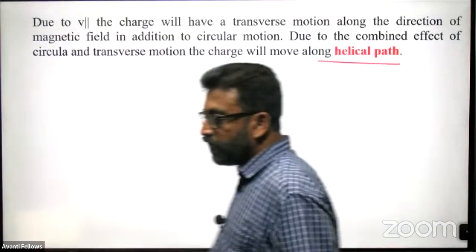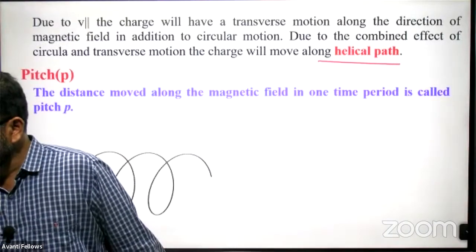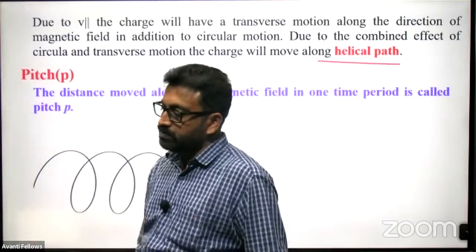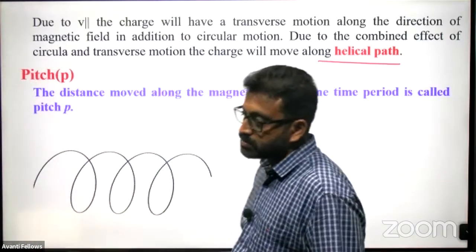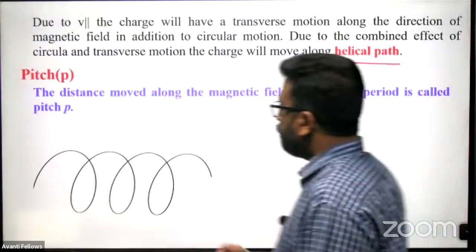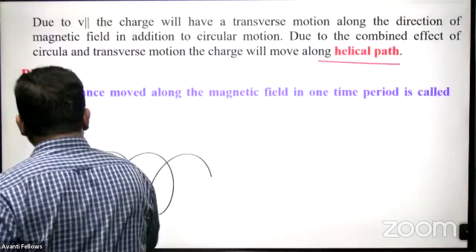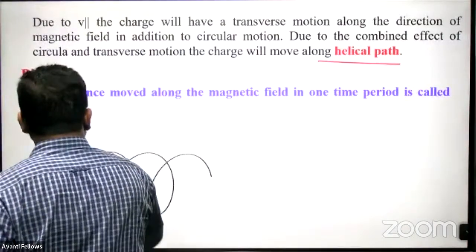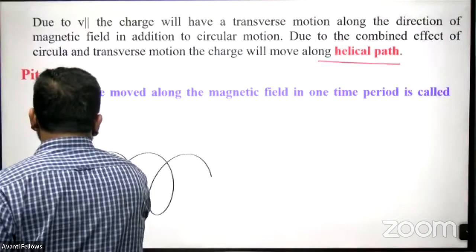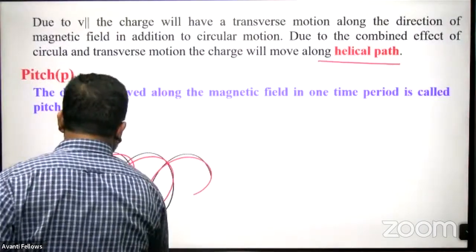It will move along a helical path, like this. So this circular motion is due to the v perpendicular and the helical motion, this horizontal motion, is due to V parallel.